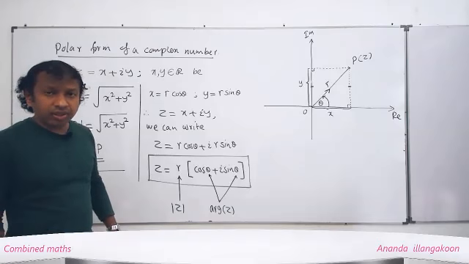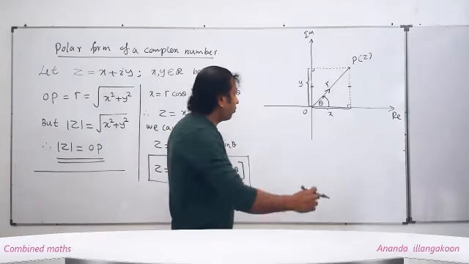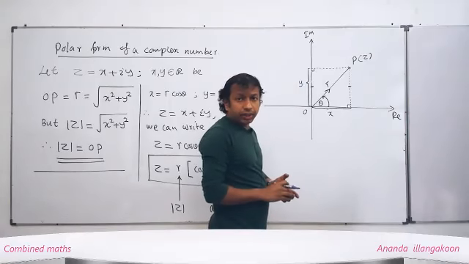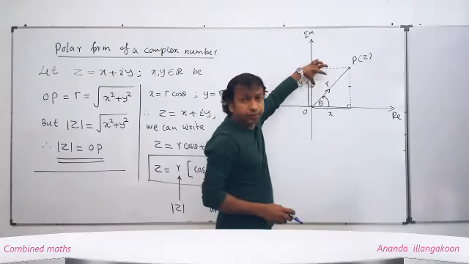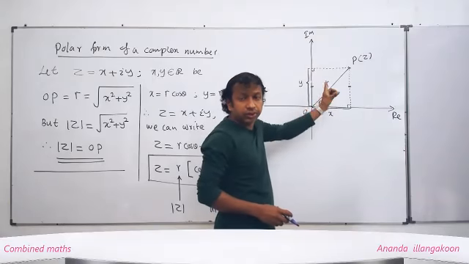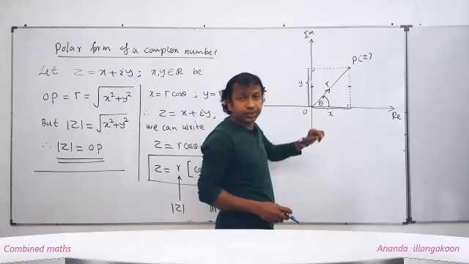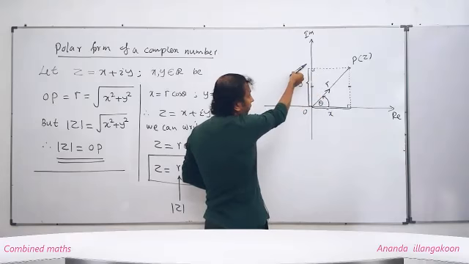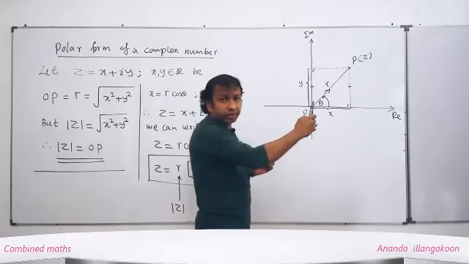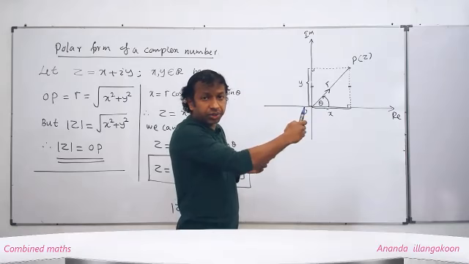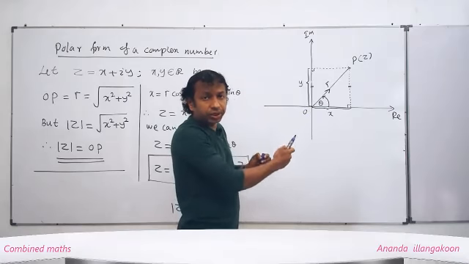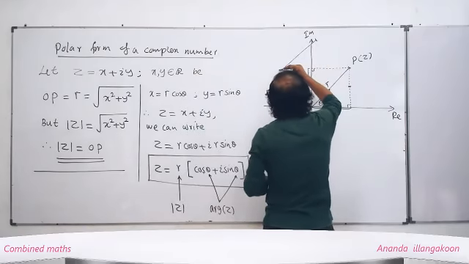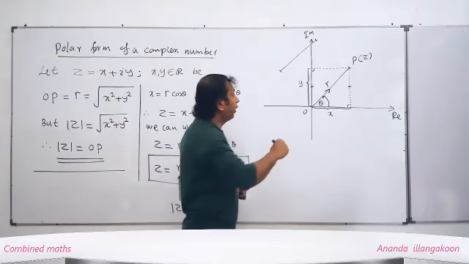Furthermore, you can very clearly understand this way. Suppose I move this line segment OP away from here without changing its length and direction. That means I bring this line segment to another position so that the length OP does not change and the direction theta does not change. Now the arrowhead is also available there.